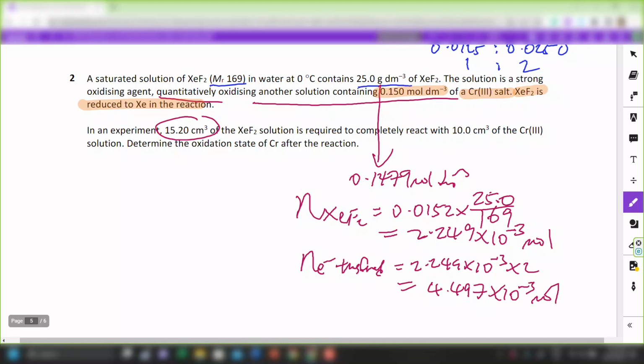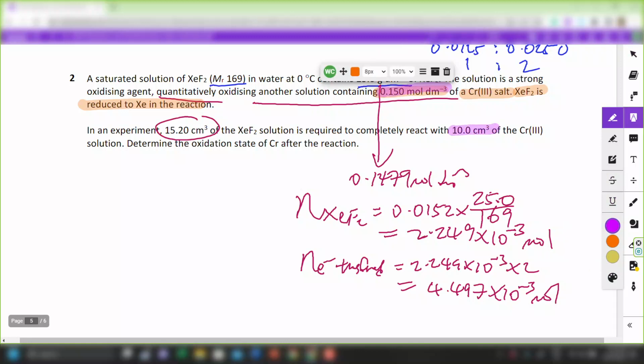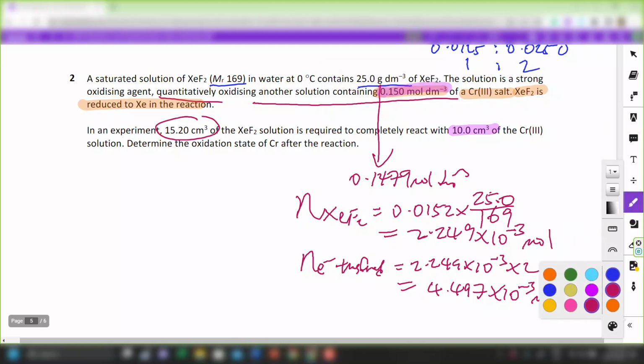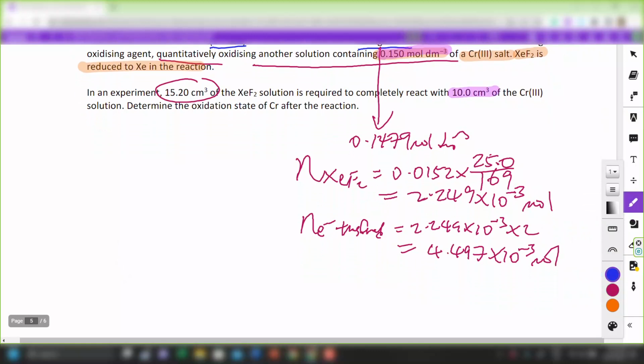Okay, and then you are given the volume of chromium 3, so this is 10 cubic centimeters, and you know the concentration is 0.150. So from here we can easily calculate the number of moles of chromium 3 plus.